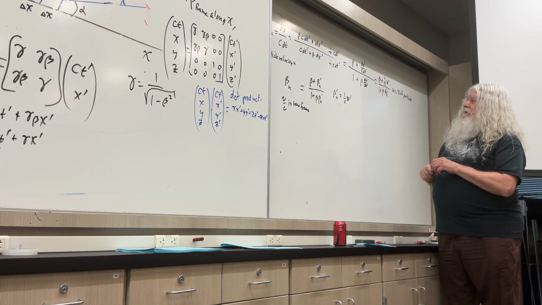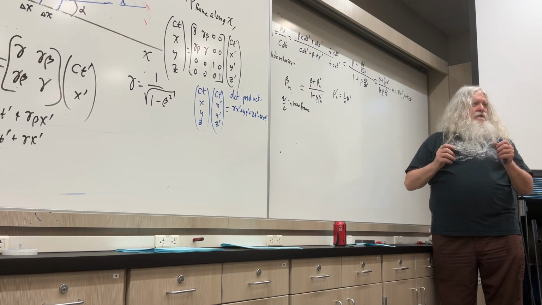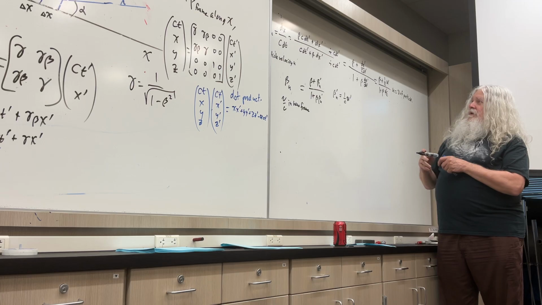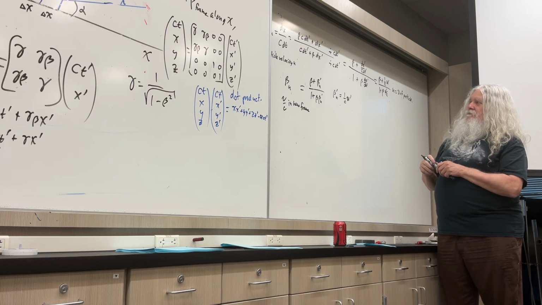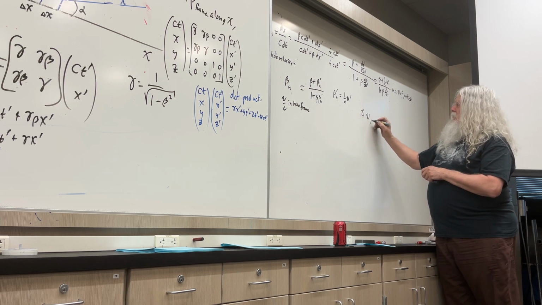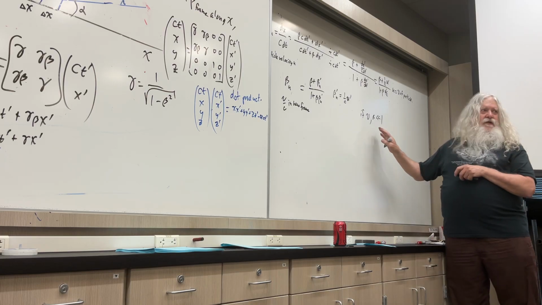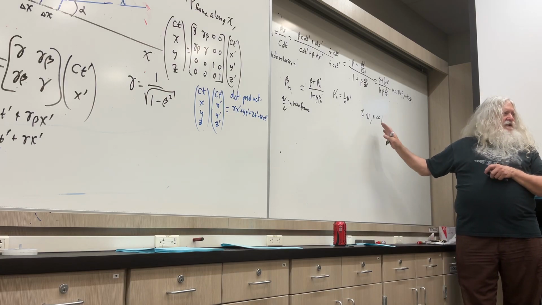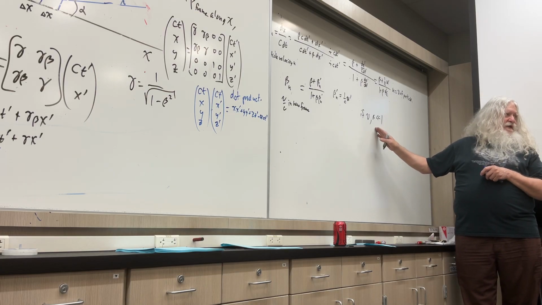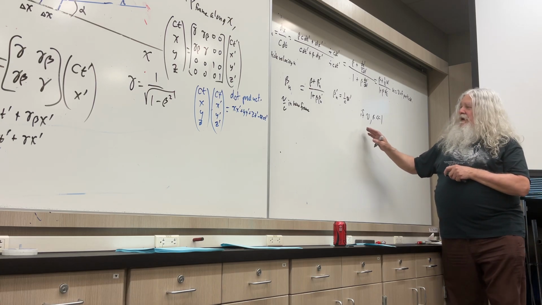Now, if we go to the limit where the velocity between frames, or the beta between frames, is much, much less than 1, all right?